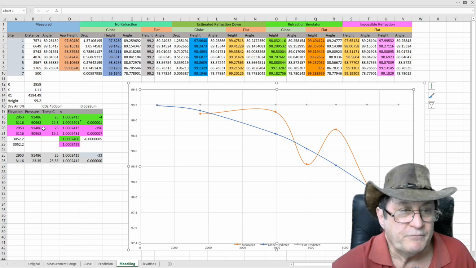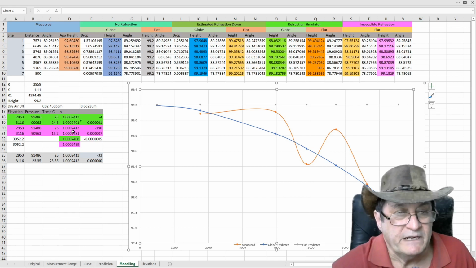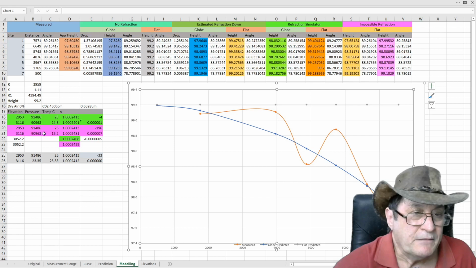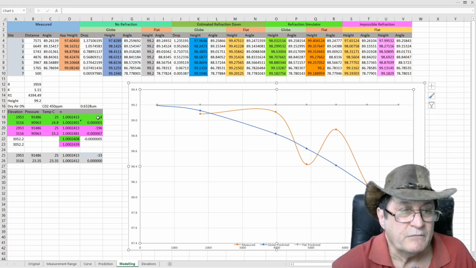Now to explain the purple, this is the insane refraction that's required for JTolan Media to meet his requirement. In the green area the refraction comes out at -4 degrees centigrade per kilometre.